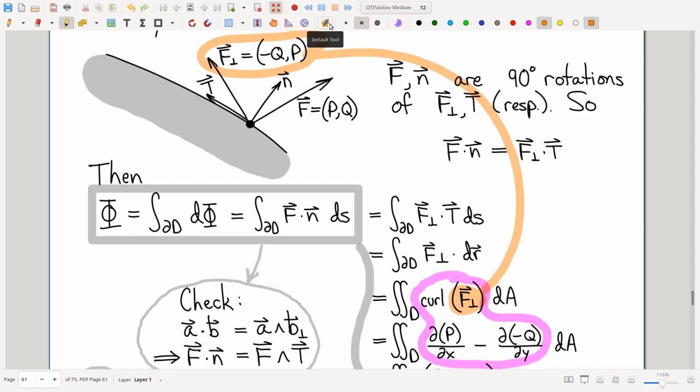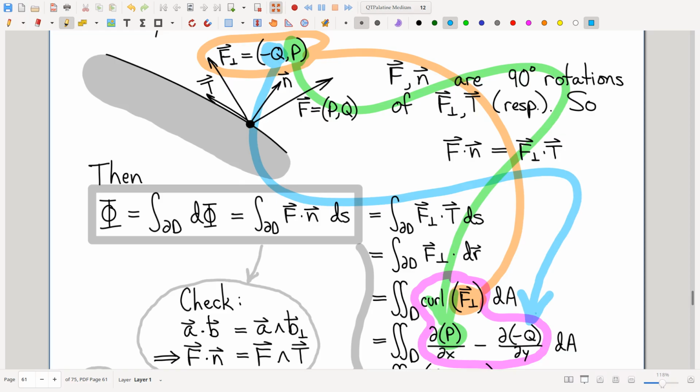And so when we write down the usual formula, it's tempting to sort of memorize character for character, dQ/dx minus dP/dy. It's really the x partial of the second coordinate minus the y partial of the first coordinate, like that.